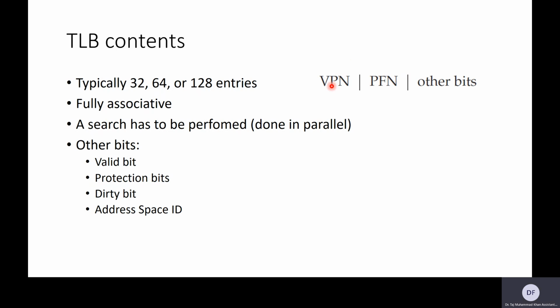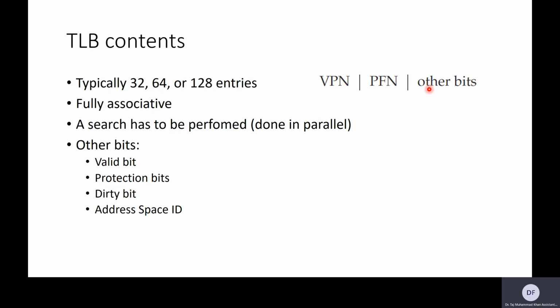We would reserve some bits of the TLB entry to store the virtual page number, and some more bits to store the corresponding physical frame number for this particular virtual page. So we'll have this one-to-one mapping.